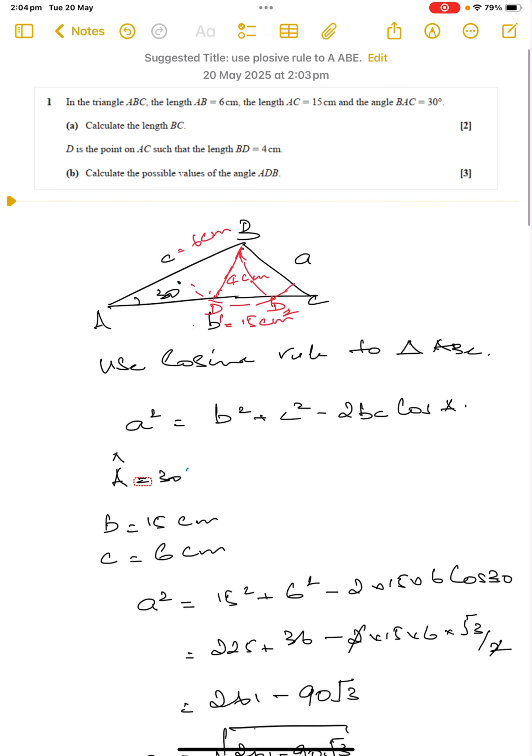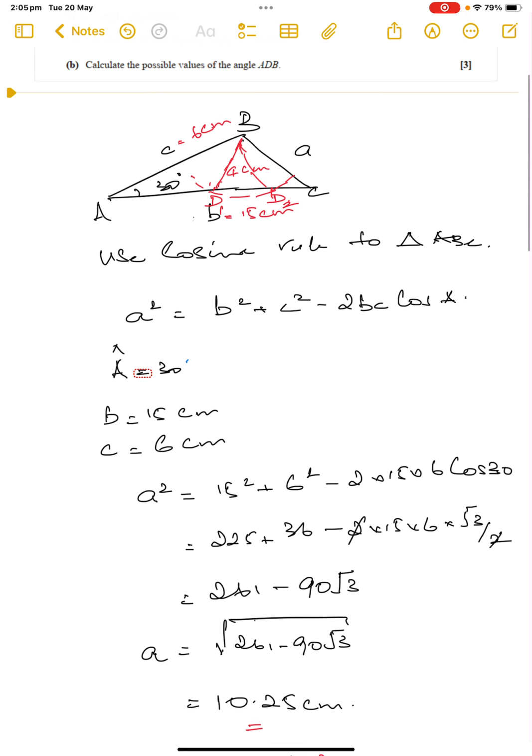The second part says D is on AC, the length BD equals 4 centimeters, and we need the possible values of ADB. Okay, so that means it's more than one value. We need to justify how we could achieve that.